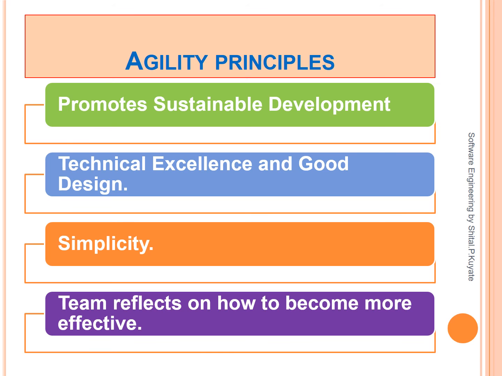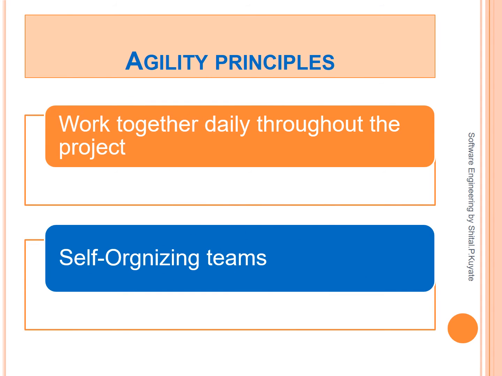So all these are the principles of agility. The next agile principle is that the development team and developers must work together daily throughout the project. And the last one is that the best architectures, requirements and designs emerge from self-organizing teams.